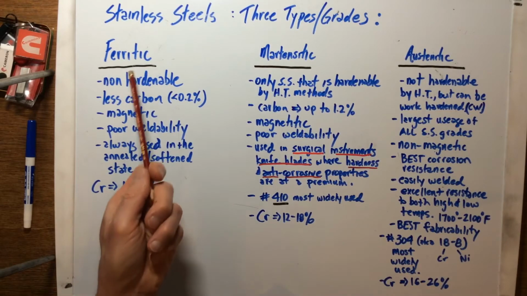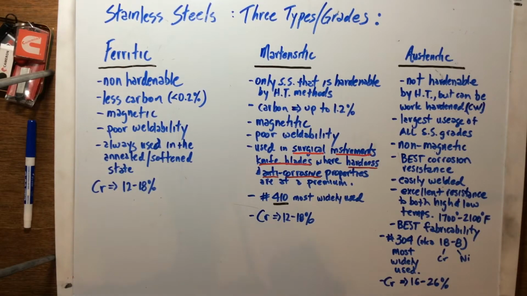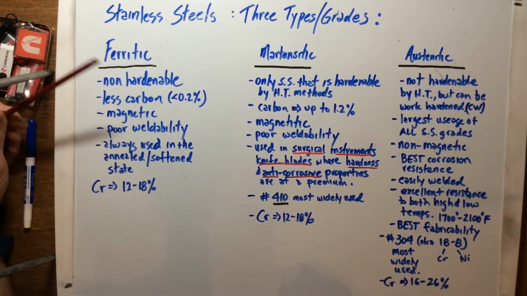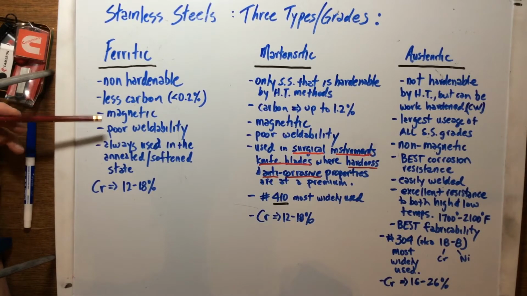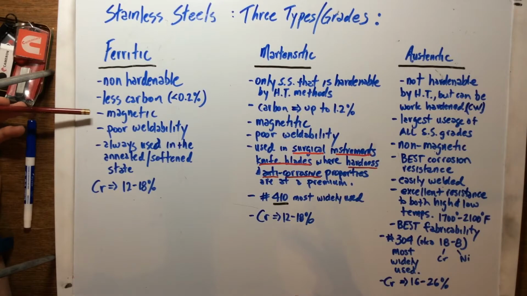Okay, so real quickly, ferritic, it's non-hardenable. Of all the other two stainless, it has less carbon, less than 0.2%. It is magnetic. Now, you might find this interesting because the most stainless steels you're familiar with are non-magnetic. But actually, there's only one grade that is non-magnetic.